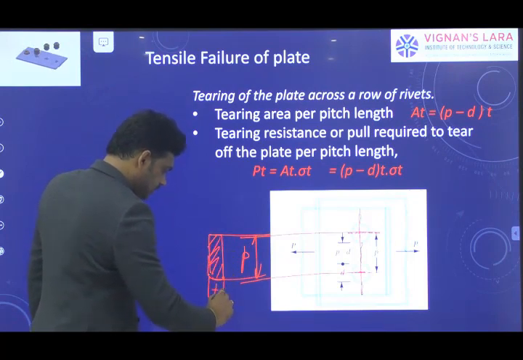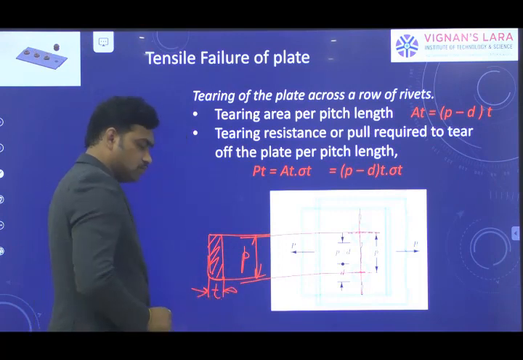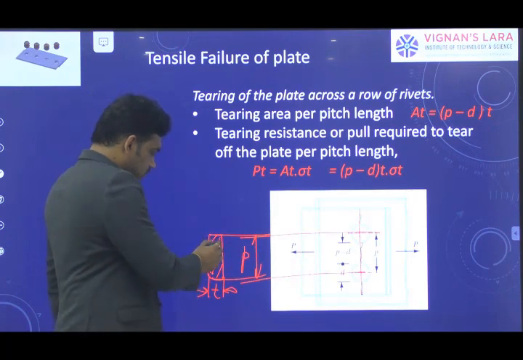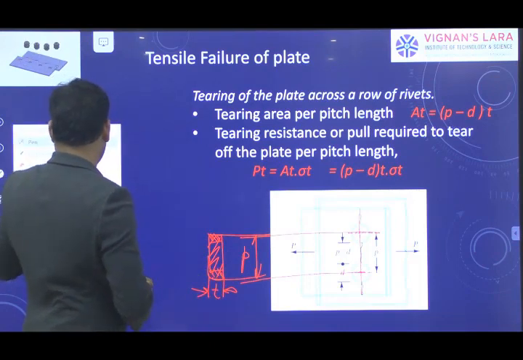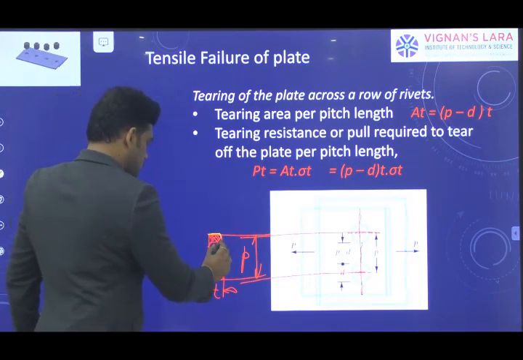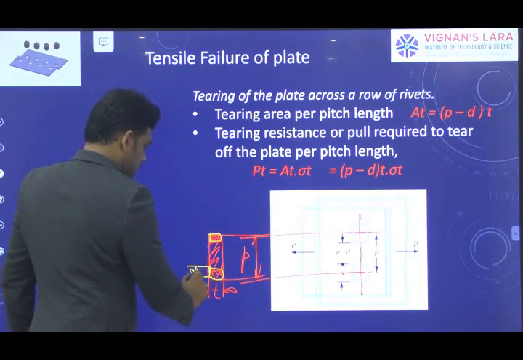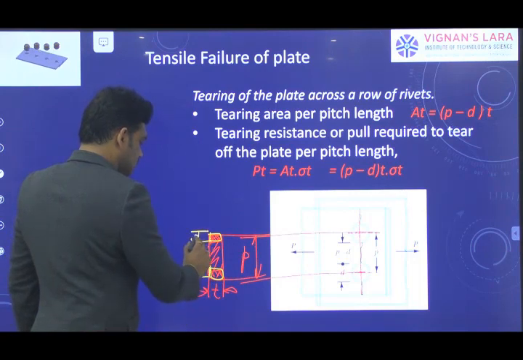The thickness of the plate is denoted by small t. Clear? But holes are drilled, so this is the portion we need to subtract, which means this is the portion of half the diameter.